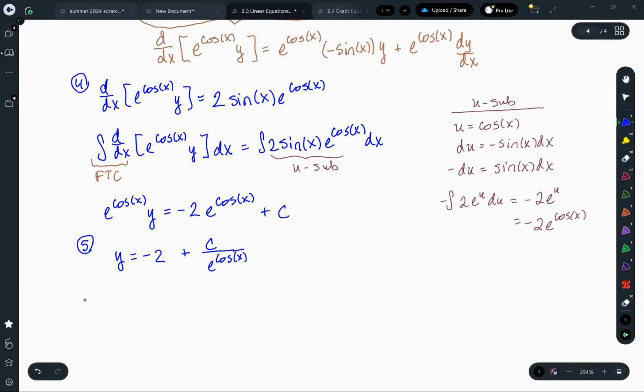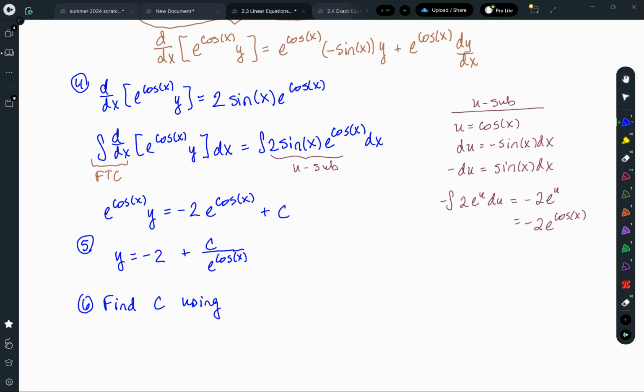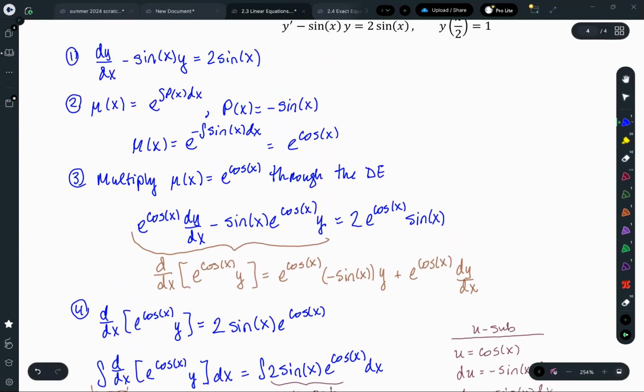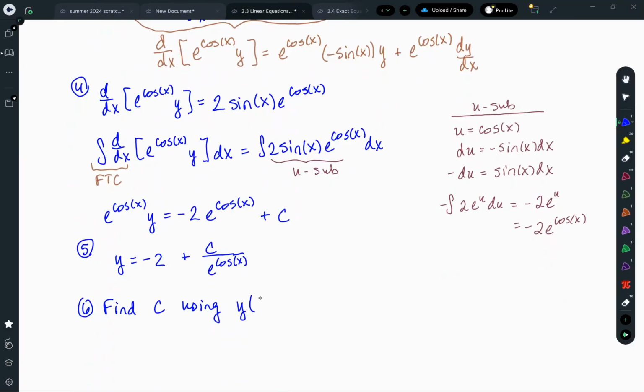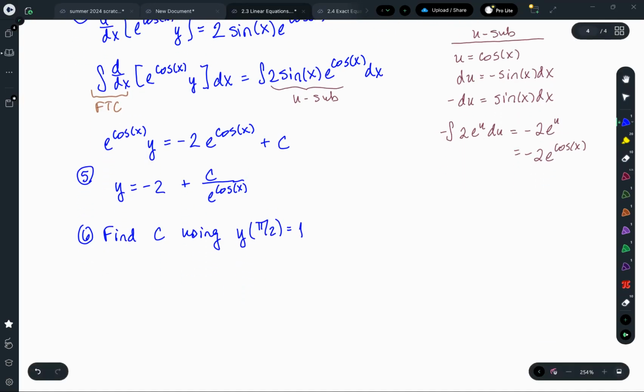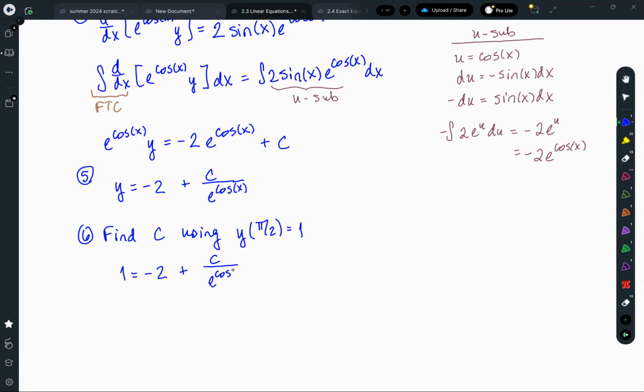What was asked for is to find c. And we're using our initial condition, which was y of pi over 2 is 1. That means x will be pi over 2 and y will be 1. So when I plug things in, I get 1 equals negative 2 plus c over e to the cosine of pi over 2.